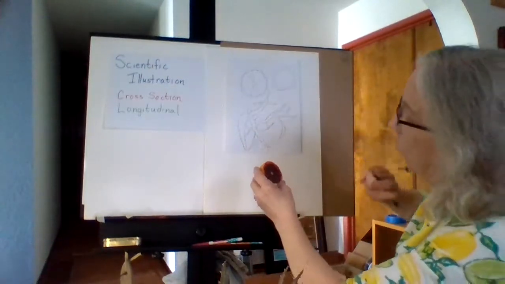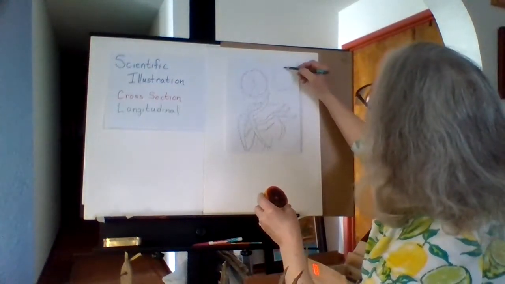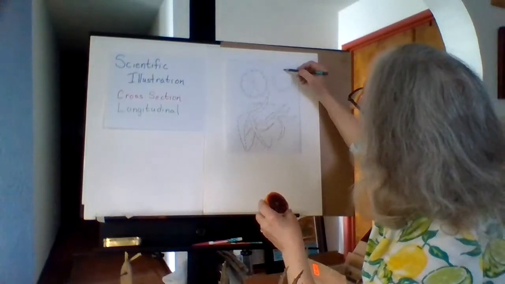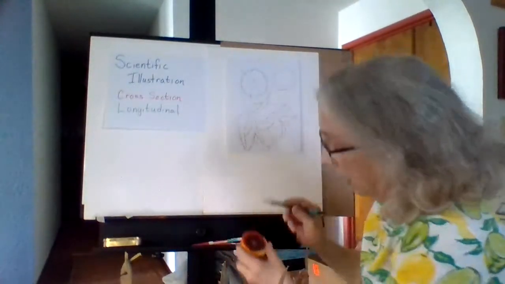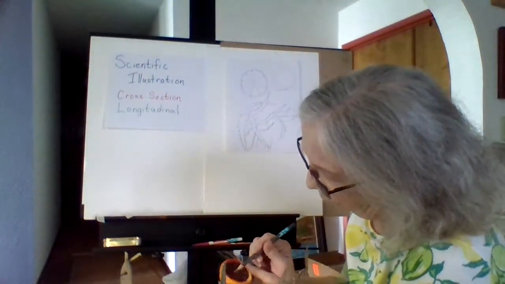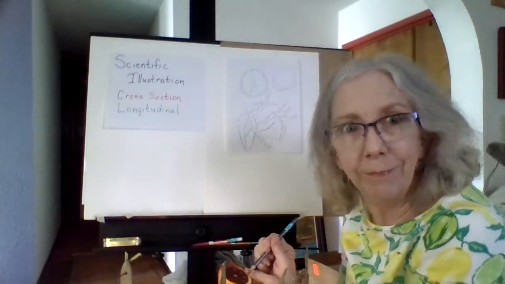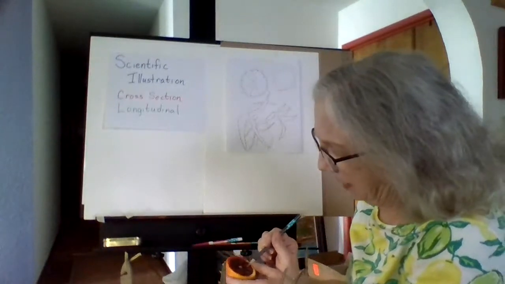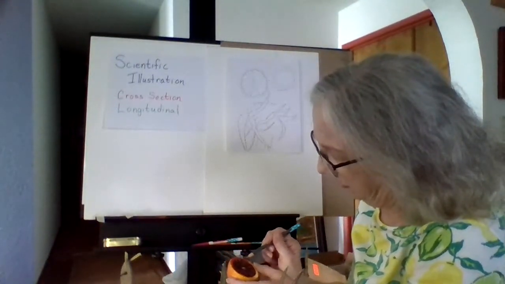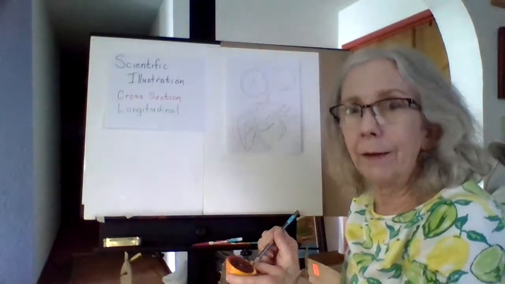So I've got a sort of wobbly orange here. I've got this area, the skin and the pith, very thick. And I'm going to count the sections. 1, 2, 3, 4, 5, 6, 7, 8, 9. I'm going to count them again. 1, 2, 3, 4, 5, 6, 7, 8, 9.